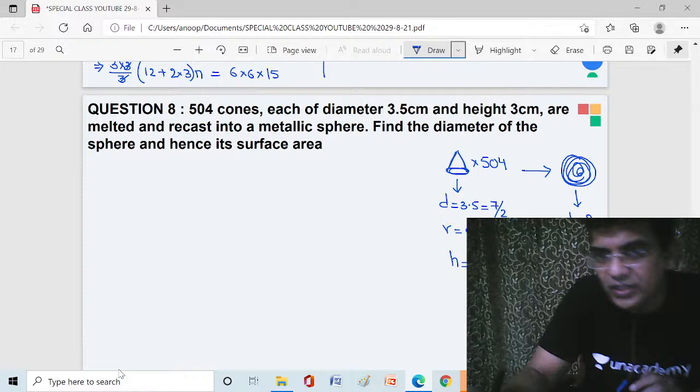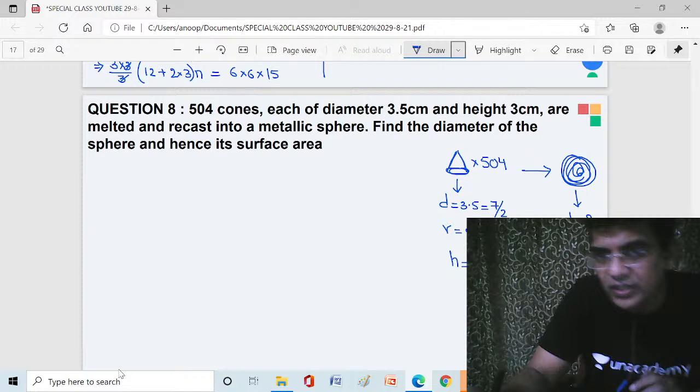So let's solve it. So what will be r cube? In the numerator part we have 7 into 7 into 3 into 504. In the denominator part we will be having 4 into 4 into 4, right? Now let's reduce it.